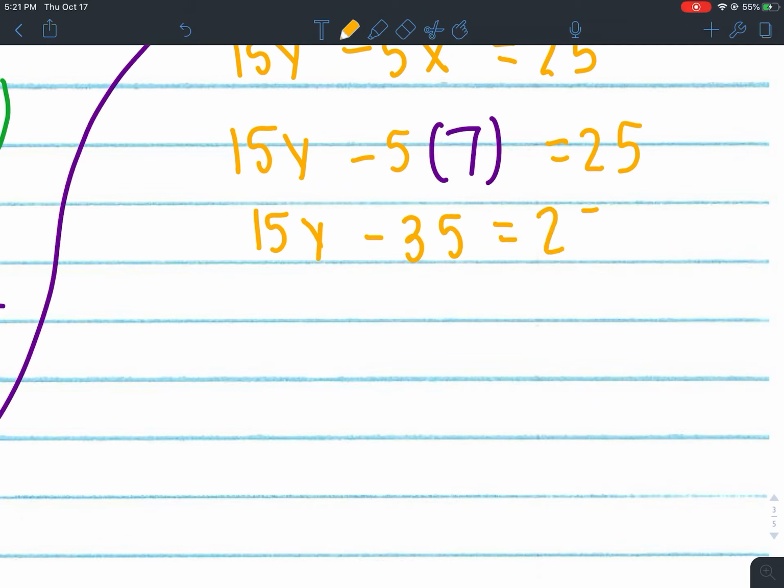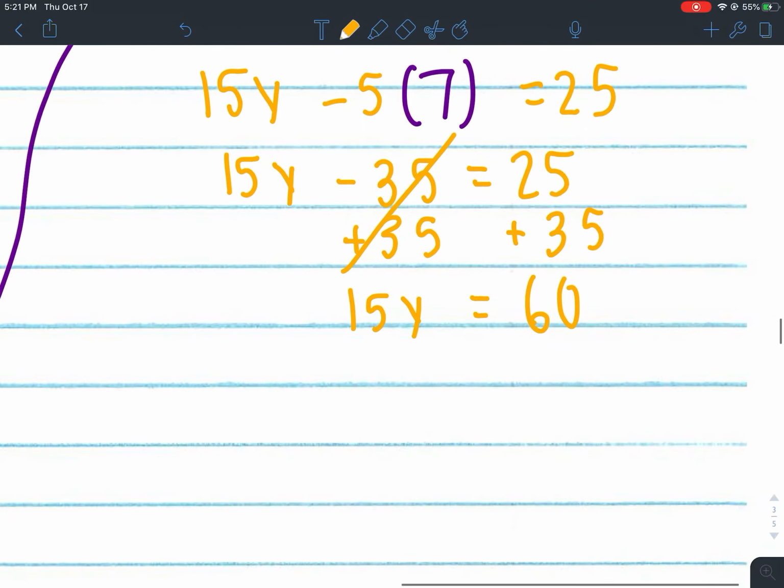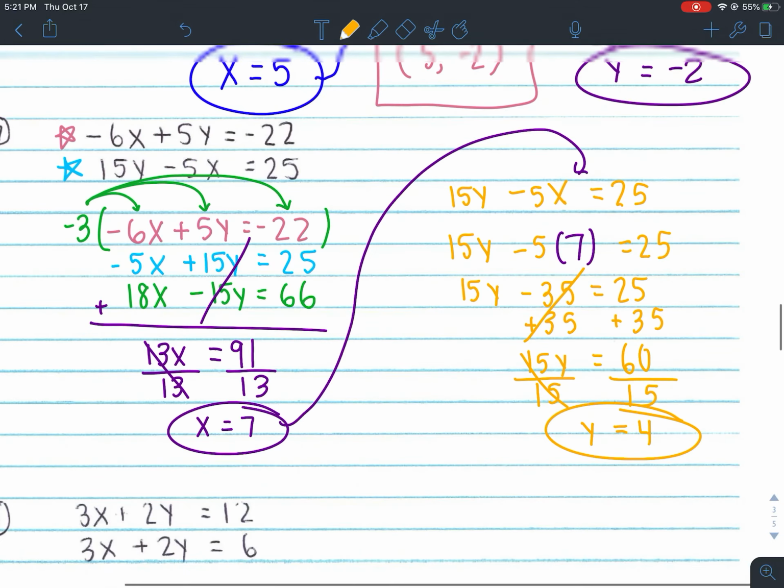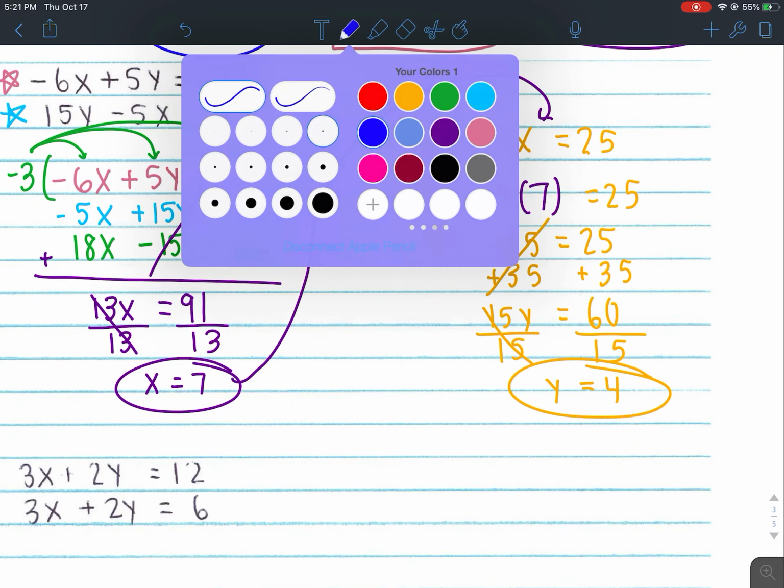So then we have 15y minus 35 equals 25. I'm going to add 35 to both sides. And you get y by itself, so you divide both sides by 15. Y equals 4.